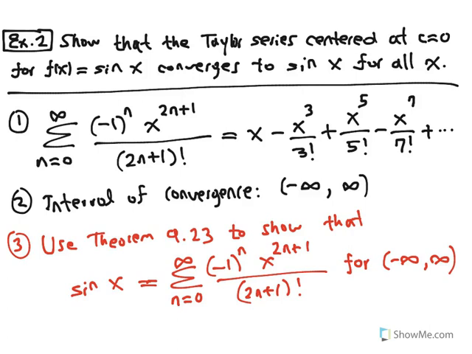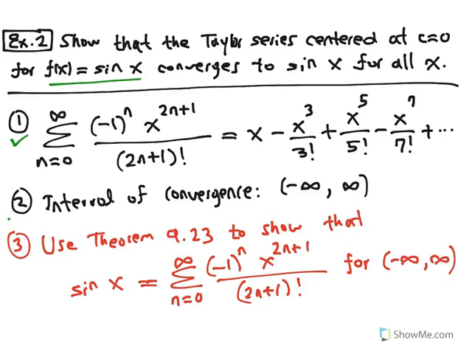Example 2. Show that the Taylor series centered at c equals 0 for f of x equals sine x converges to sine x for all x. So yesterday during lesson 1, we derived the Taylor series centered at 0 for the function f of x equals sine x using the definition of a Taylor series.